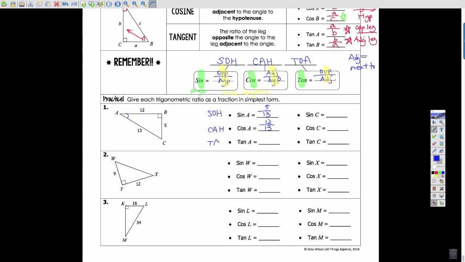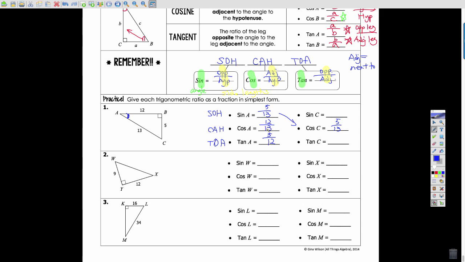Tangent is toa, so I should have opposite, again still talking about A. So opposite is 5, and adjacent leg is 12. Now we said sine of one angle is the cosine of the other angle, so I can just simply copy it down here.